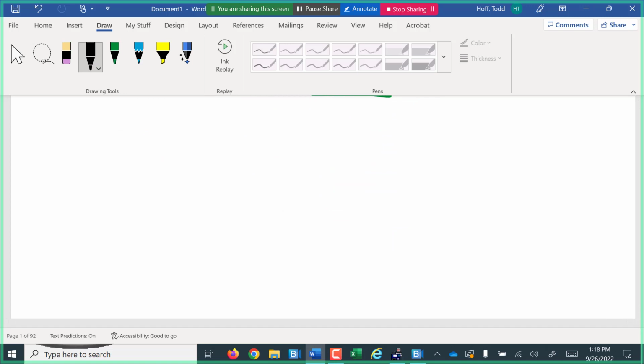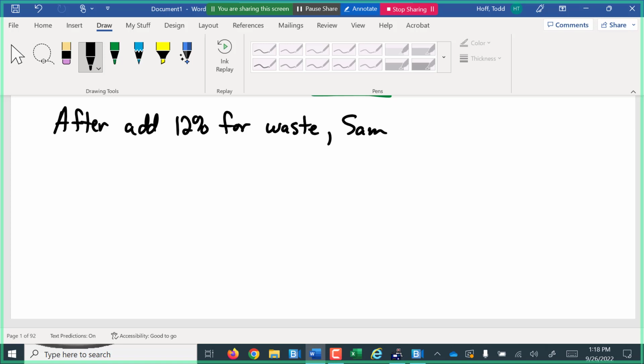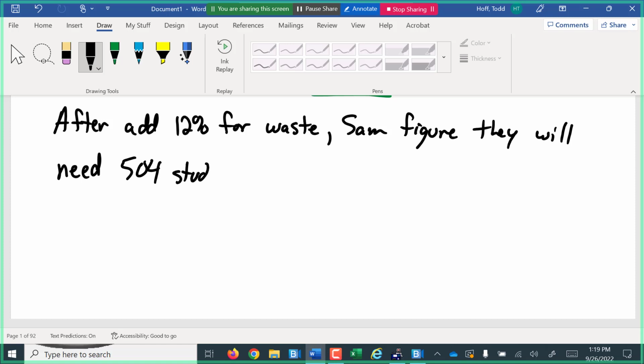So on the other side of it, let's say that after adding 12% for waste, Sam figures they will need 504 studs to frame a house.